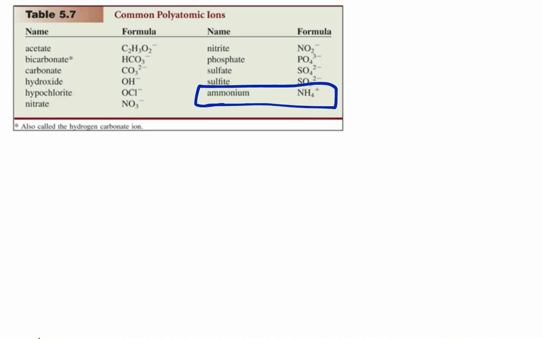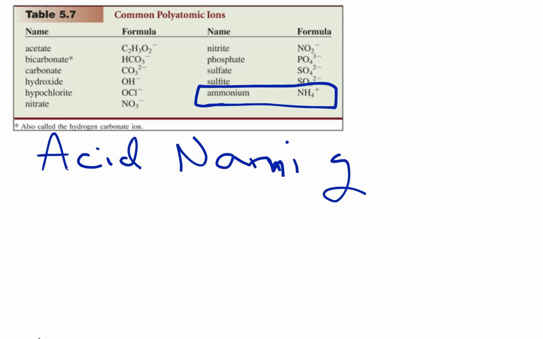Now, the reason I'm showing you this is we need to know our polyatomic ions if we want to name our acids. So we're going to look at acid naming now. We had binary ionic naming, binary molecular naming, ionic naming with polyatomic ions, and now we're going to have naming of acids. If we have simple acids, say HCl, we're just going to say basically what's there.